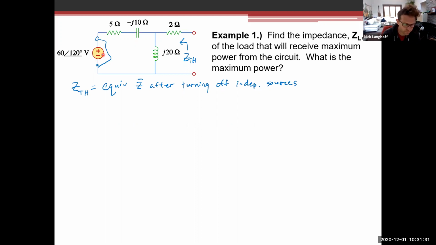And so what do we see? We see a 5 minus j10 in parallel with this j20 here.